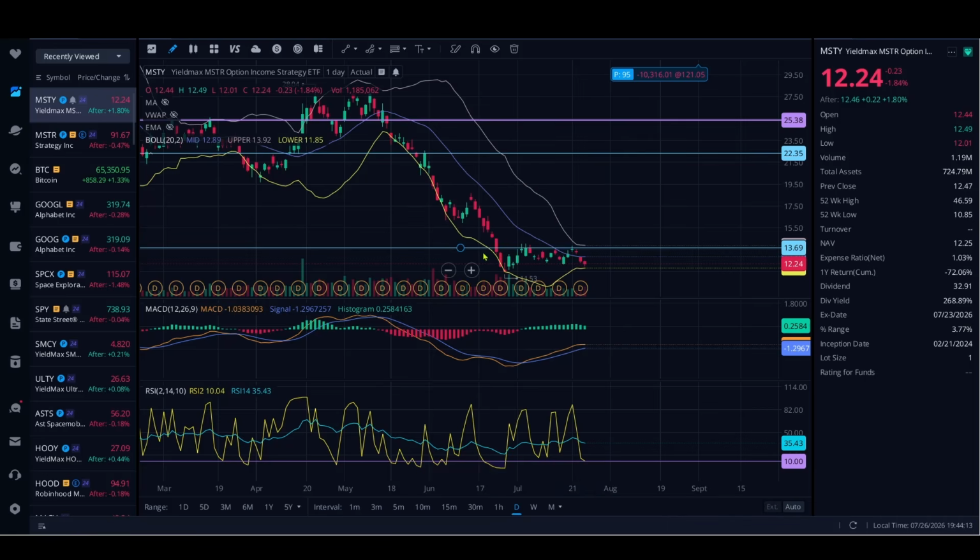But just like MSTR, we are somewhat trading sideways for the last few weeks right here, and currently sitting at about $12.24. But with all that said, let's move over to the spreadsheet. Let's get that thing updated and find out where I currently sit in each of my positions.